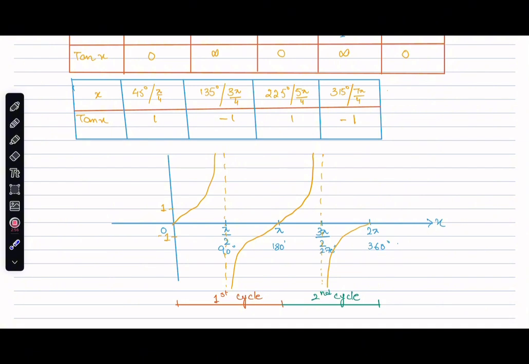And as we know, at tan of pi by 2 or 90 degrees, it has to be undefined. Therefore, here I have made the asymptotic line. Undefined functions can never be sketched, but we know that the curve gets close to the asymptotic line, but there is no definite value. The function here is undefined. Same is at 3 pi by 2 or 270 degrees.